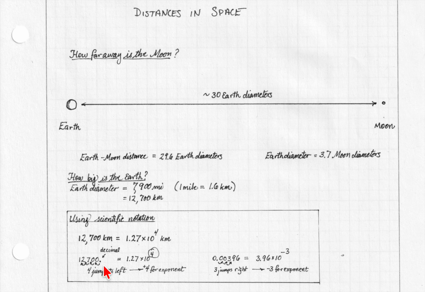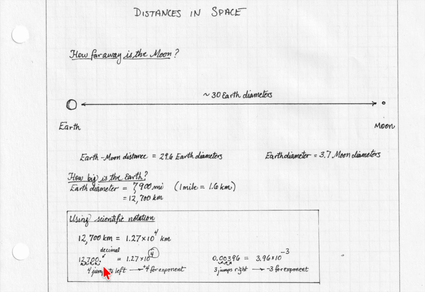And we shift it over, we make it jump over to the left until we've got the first digit, that is the first non-zero digit, to the left of the decimal point, and then all the others to the right. And we don't have to write any trailing zeros at that point. Then the question is, well, okay, we shifted over, but we've still got to account for the total number there.